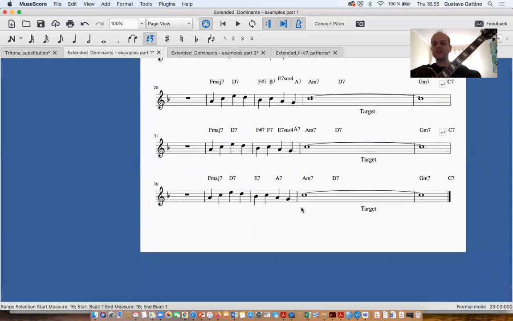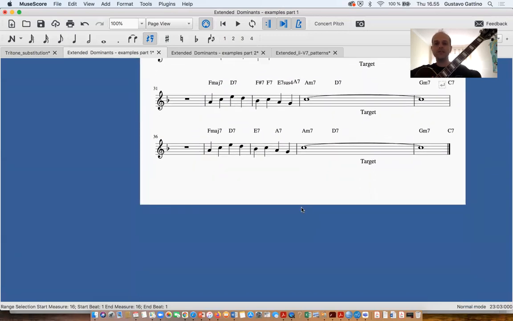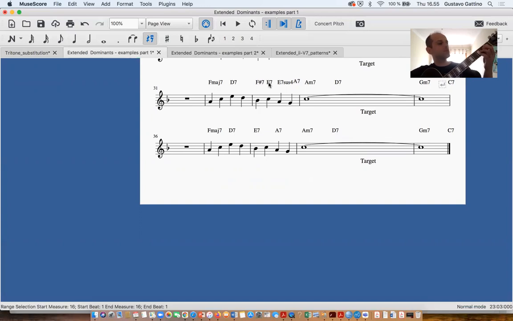So the author created two nice solutions for this. First, replacing the B7 chord with a chord of F7, using the principle of the tritone substitution. Because when we have the chord of B7, we have a tritone between the A and the D sharp.